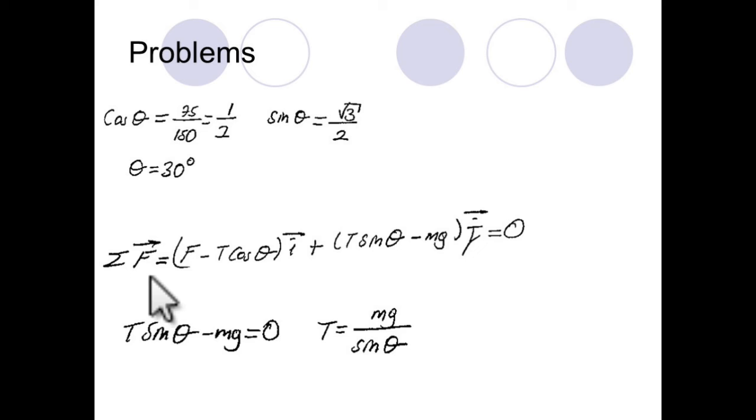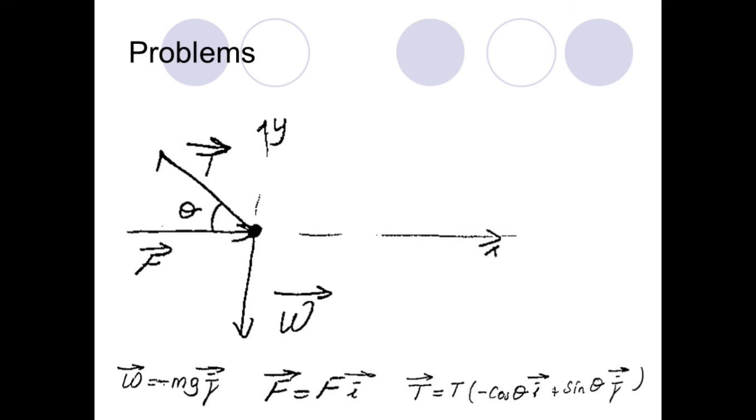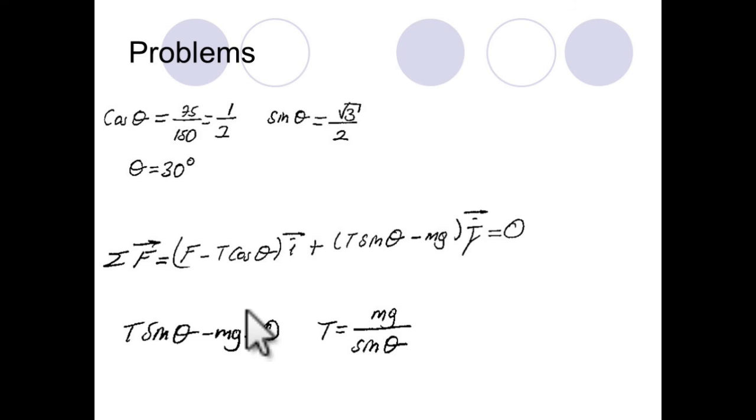Now the sum of the forces acting on the particle, on the charged sphere, has to be equal to 0. Therefore, when we look at the forces in the x direction, we have only the repulsive force coming from the other charged sphere, and T multiplied by cosine theta, and they have to balance each other.